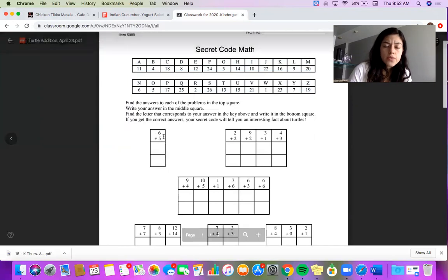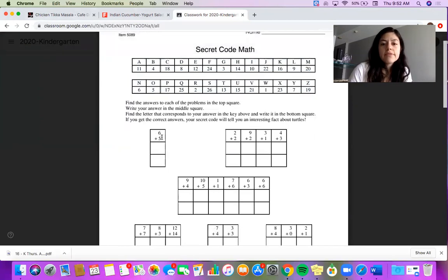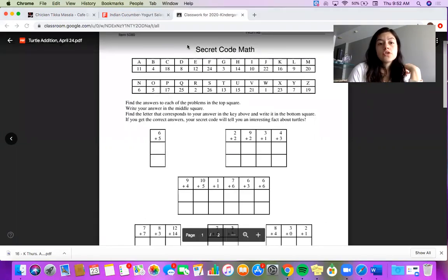So you start here with the first problem, 6 plus 5. Now, don't be shy. You can do it in your head, but you can also draw it out. So just to show you how you can draw it out, 6 plus 5. 1, 2, 3, 4, 5, 6 plus 5. 1, 2, 3, 4, 5.